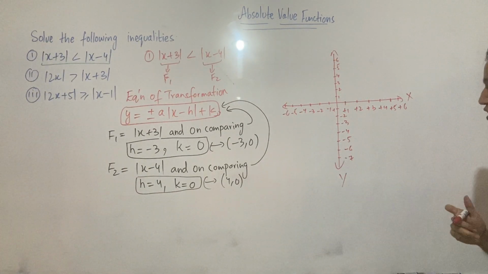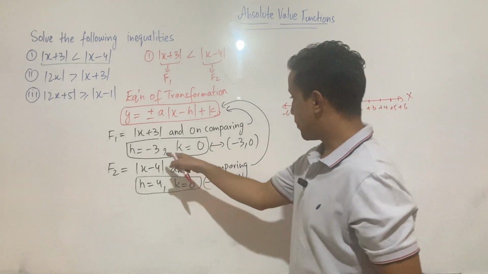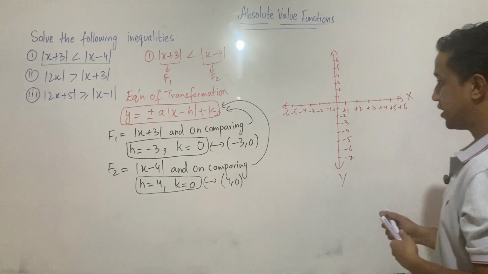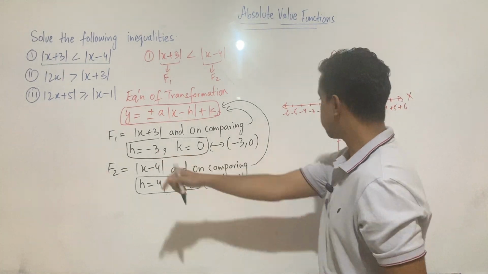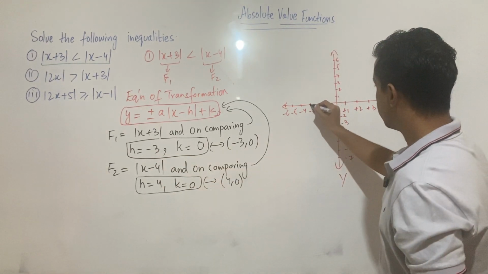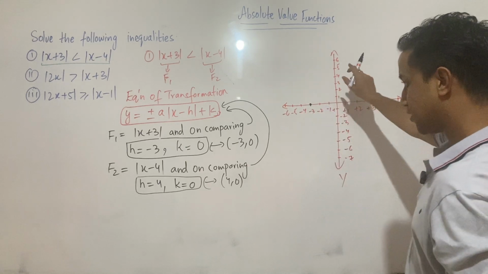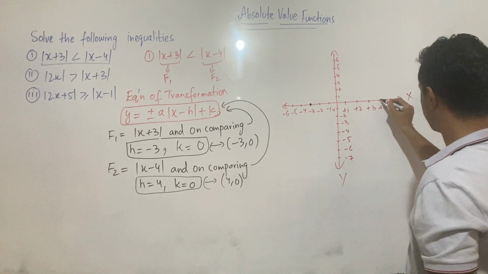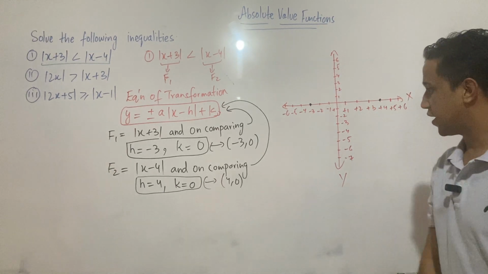Now see here. For this one, f1, it's going to be at -3, 0. And for this one it's going to be at 4, 0. Okay, right?